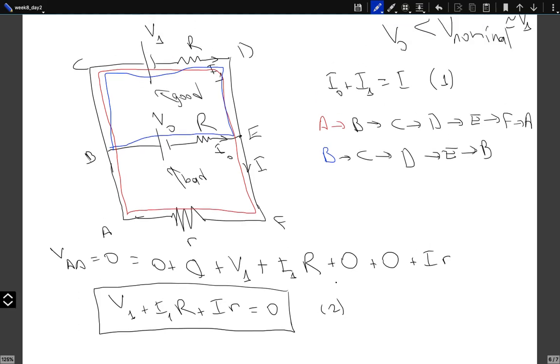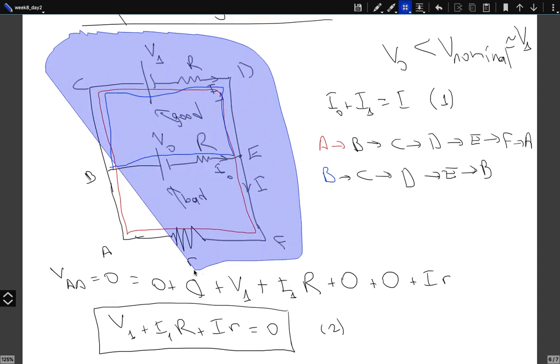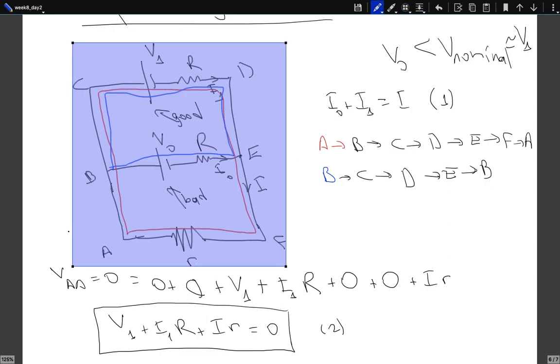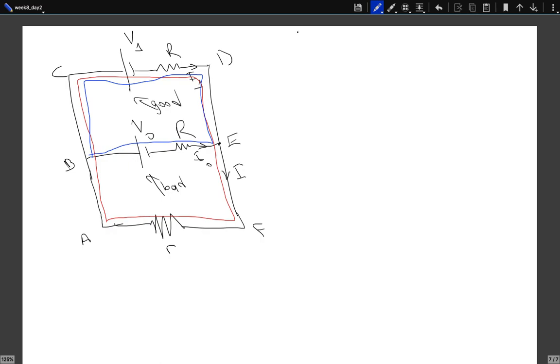Now the third equation will be the blue loop. The potential difference between the point C and the point C will be 0. Let's start from the point C, and let's also choose the direction of our loop.